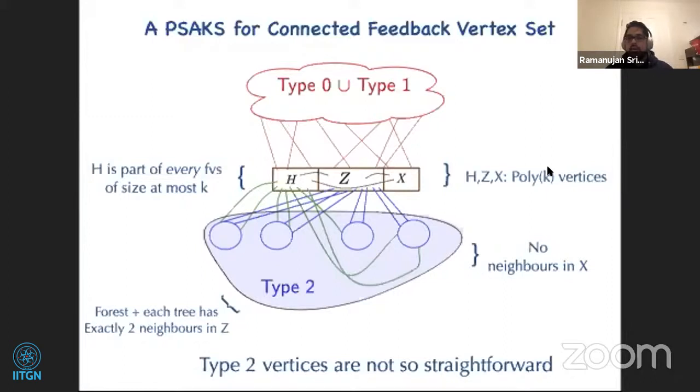But what we are going to do now is zoom into each type 2 component and try and understand in what way they could hit cycles. Can the cycles hit by vertices in type 2 be of any kind? Or are these very restricted types of cycles? And it will turn out to be the latter.